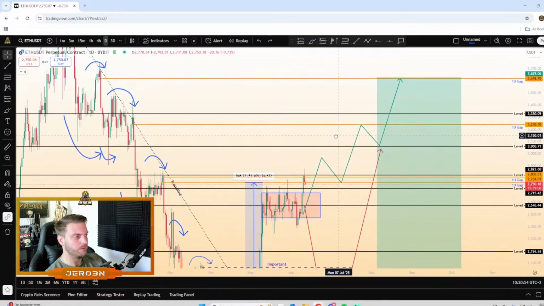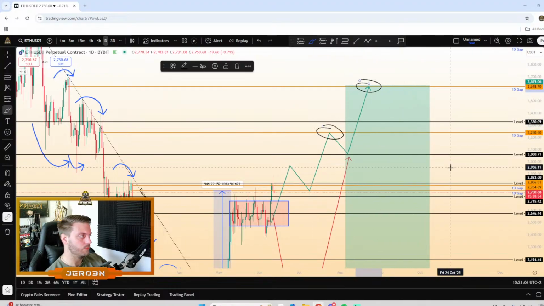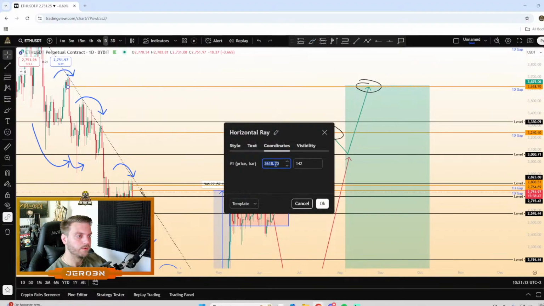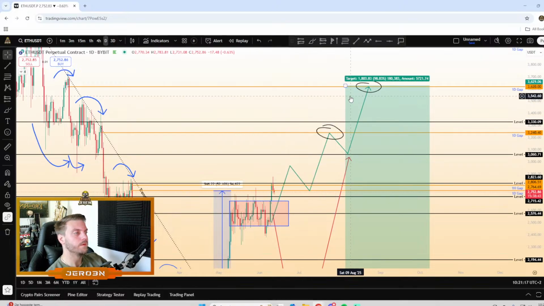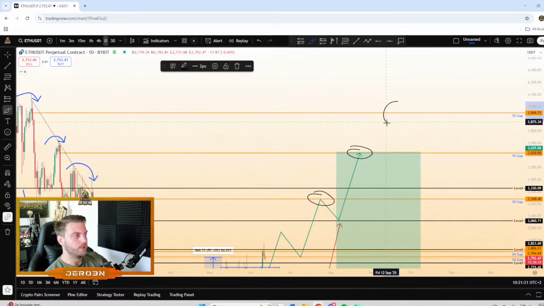If we are going to continue up, the next gap will be open at 3,240, and after that we have 3,620. Let me correct that. And obviously you have the 4K after that.